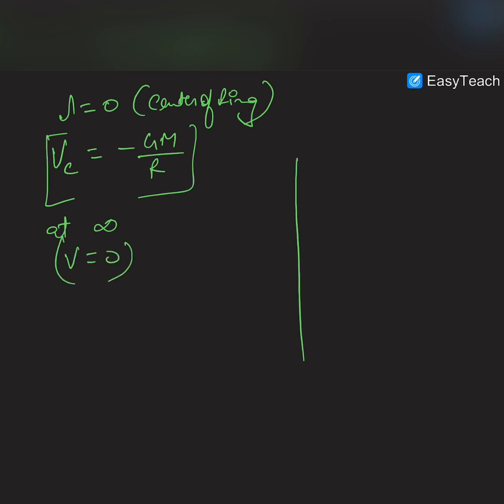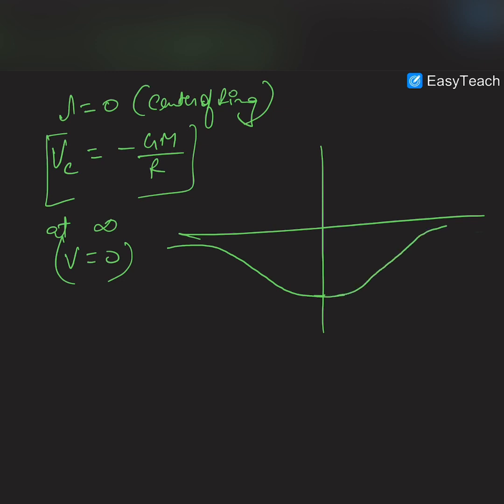And if we draw the graph of this potential, then it would be an inverse relationship graph like that. This is V and this is R, and this would be minus GM by R. Okay, so this is the final graph of the potential of a ring.